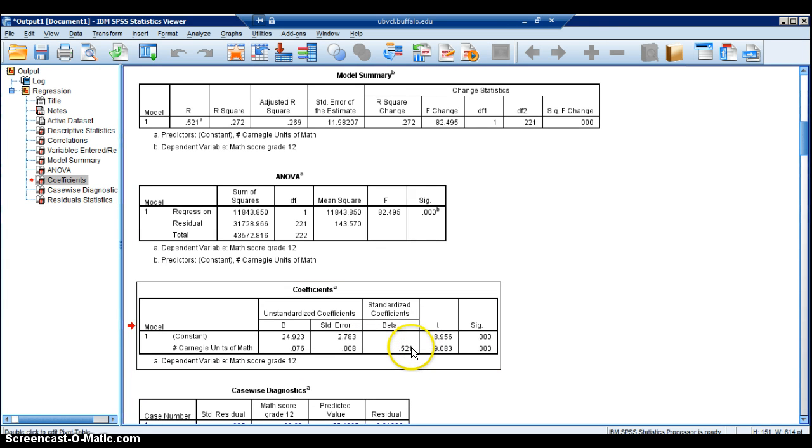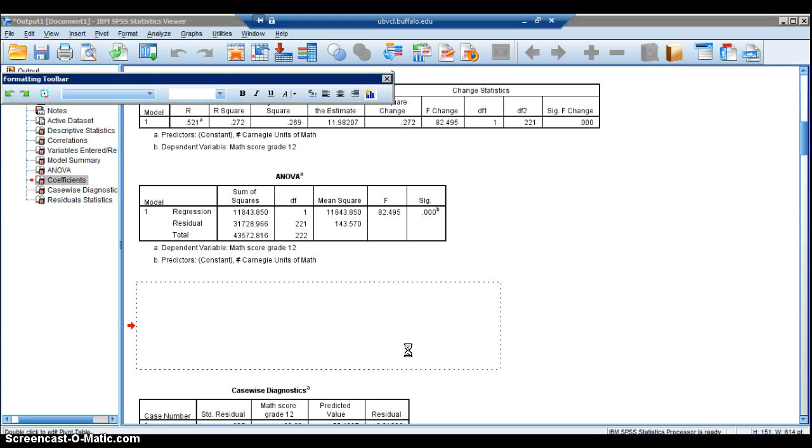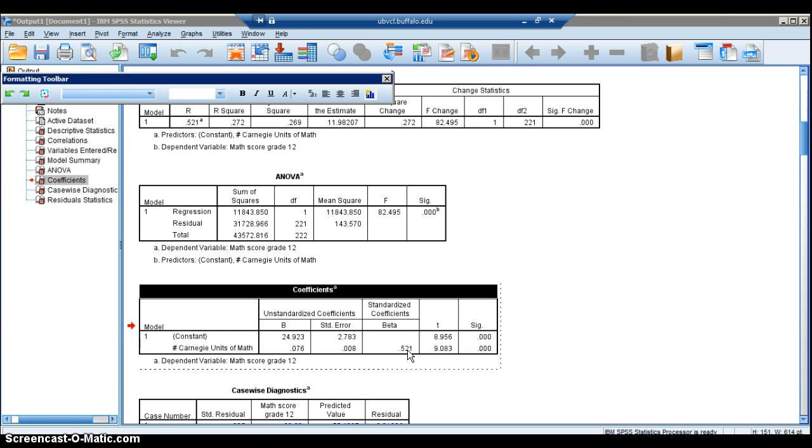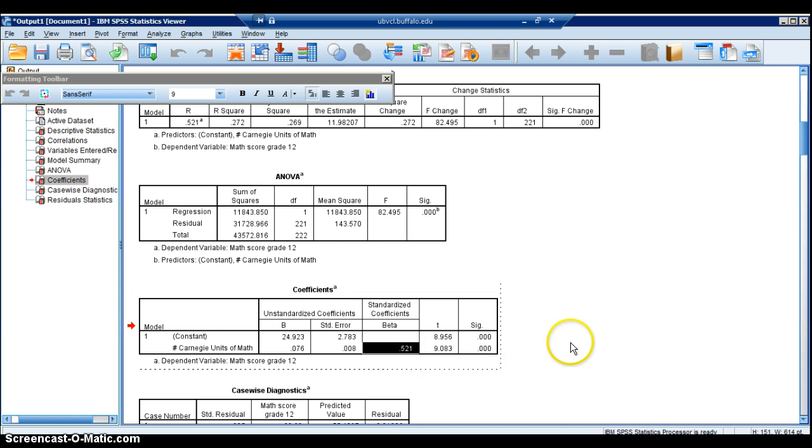Standardized coefficients talk about everything in terms of standard deviations. In this context, the 0.521 means a 1 standard deviation increase in Carnegie units results in a 0.521 standard deviation increase in math achievement. So everything is in terms of standard deviations here.